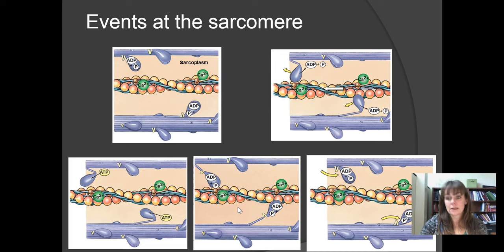There are thousands and thousands of myosin heads in every single muscle in your body. And every time one of them pulls, it requires 1 ATP. So you can imagine that this is the molecular basis for why muscle cells require so much energy.